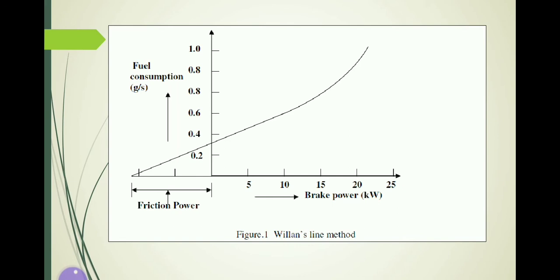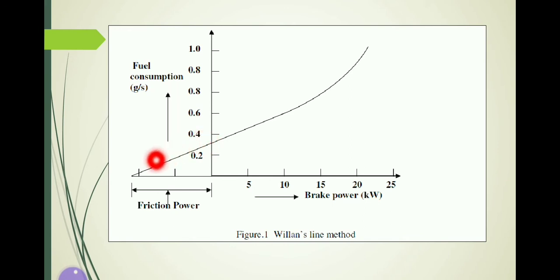That means at this point, though the brake power is 0, this doesn't mean that no fuel is going to be consumed. Here we will see some amount of fuel is going to be consumed. This fuel consumption is not 0 when the brake power is 0. So when brake power is 0, some amount of fuel consumption is there. Means what? Power is going to be produced, but that power is going to be wasted.